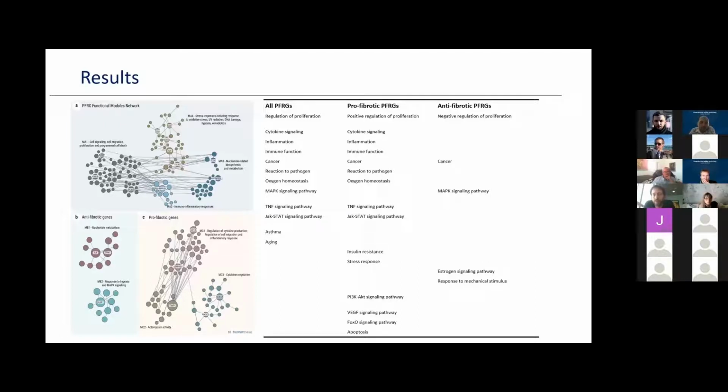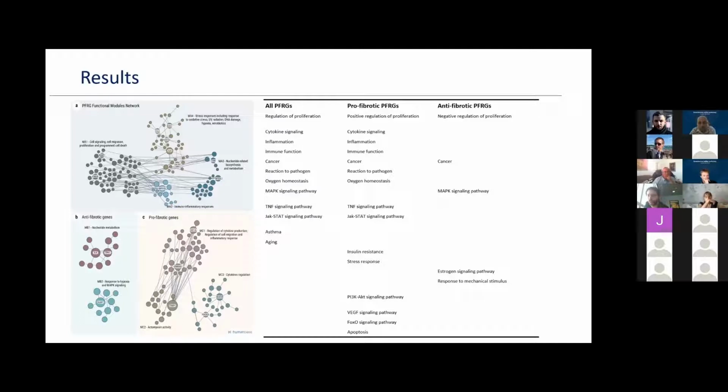And they show different enrichments between them, where in the pro-fibrotic list, we see, for example, a positive regulation of cell proliferation. In the anti-fibrotic, we see a negative regulation of cell proliferation, which makes biological sense. We also see a very strong immune component in the pro-fibrotic list, but not in the anti-fibrotic list.